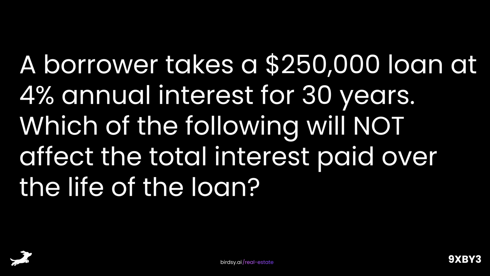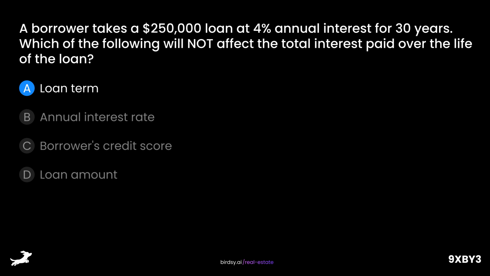A borrower takes a $250,000 loan at 4% annual interest for 30 years. Which of the following will not affect the total interest paid over the life of the loan? Is it A, loan term, B, annual interest rate, C, borrower's credit score, or D, loan amount?